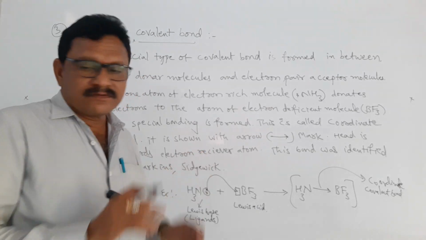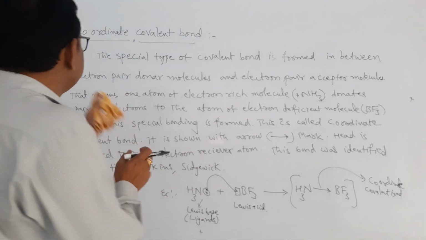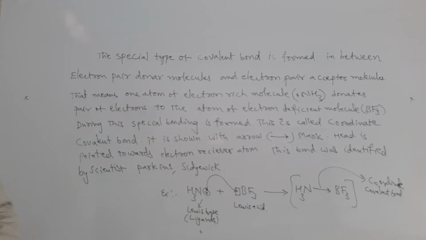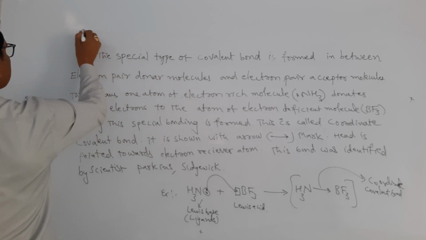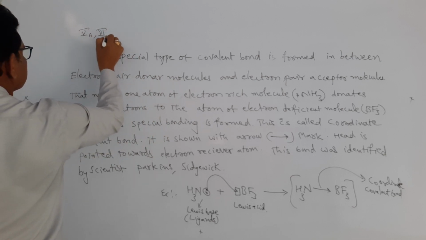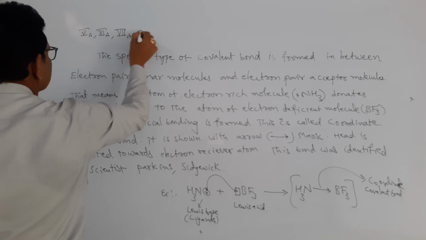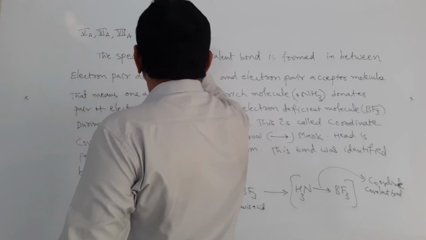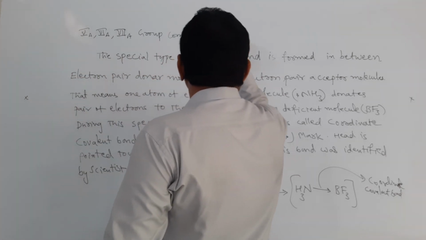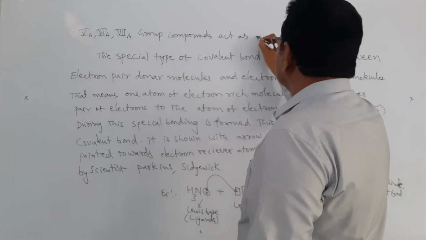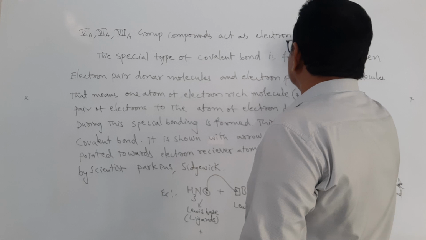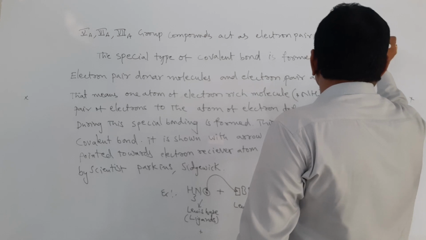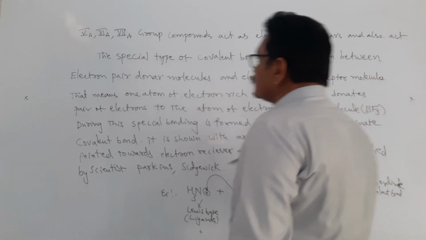So here is the important note I give you. Particularly in the periodic table, fifth A, sixth A, seventh A group compounds act as electron pair donors, and also act as Lewis bases.